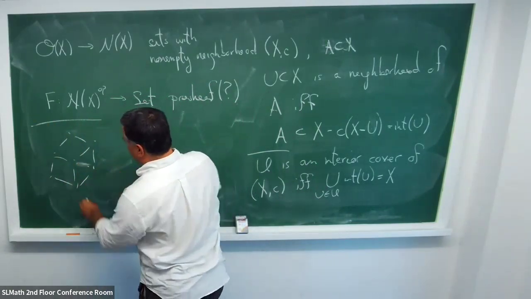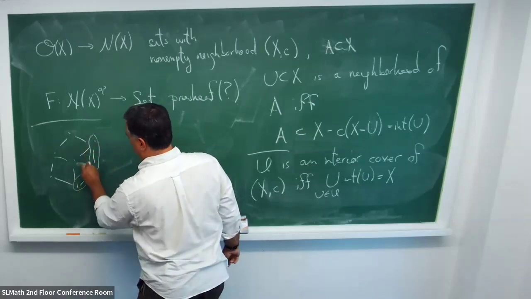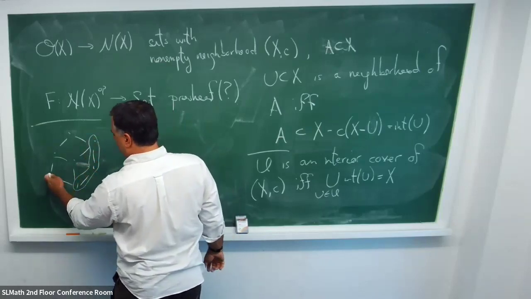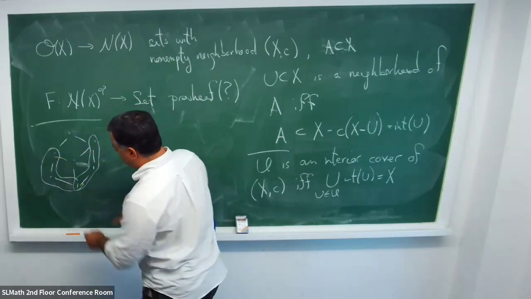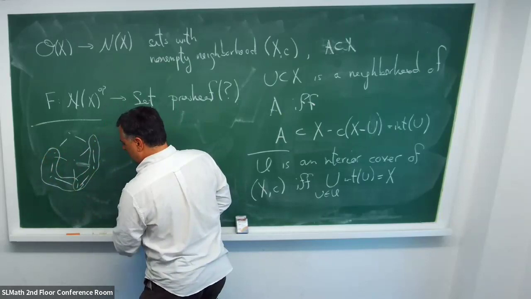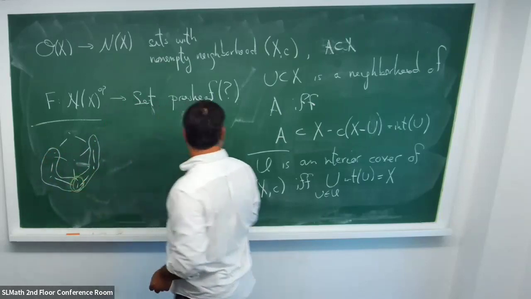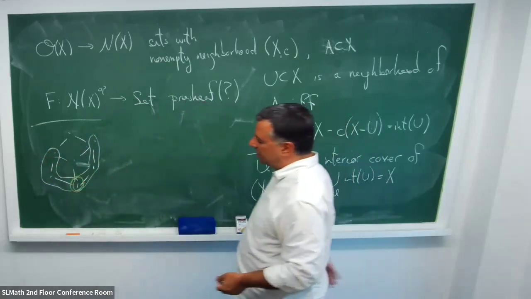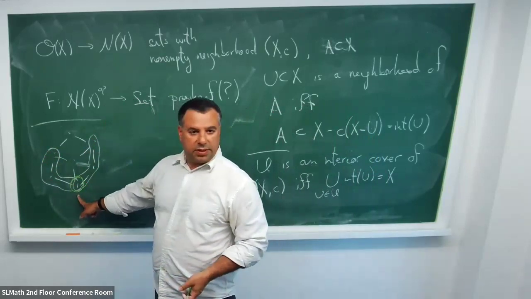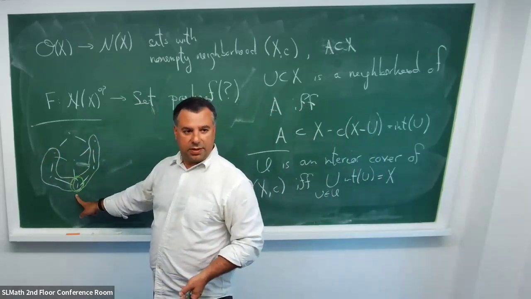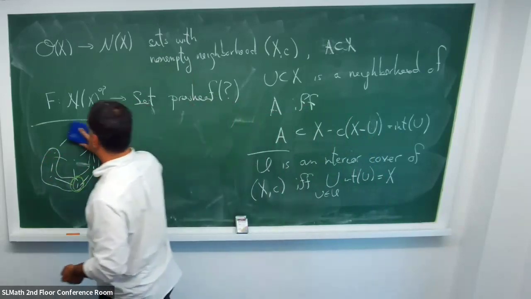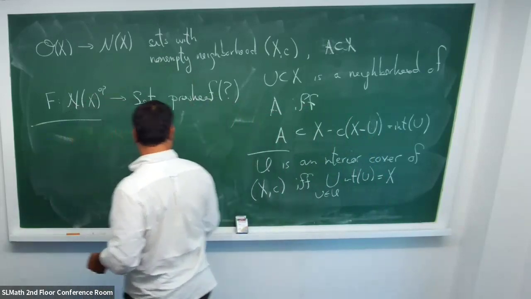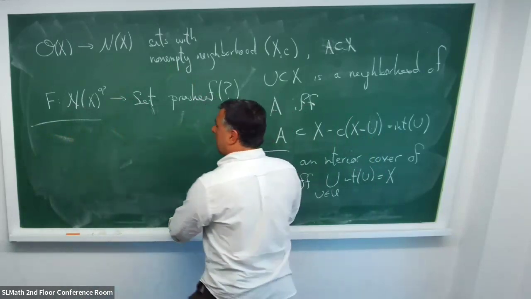So if I take the star of some point, and I take the star of some other point, say this one, the intersection is just this one point. If you work out the definition, the interior of that intersection is the empty set. So I can't use this. You might do the silly thing and just add them all back in.